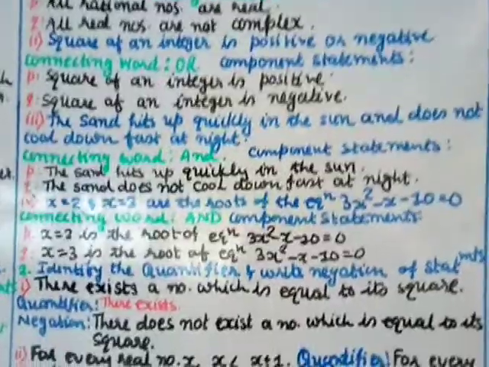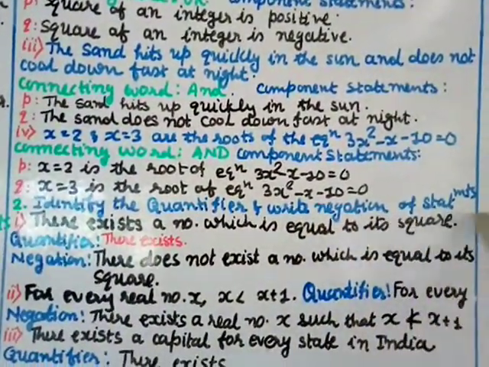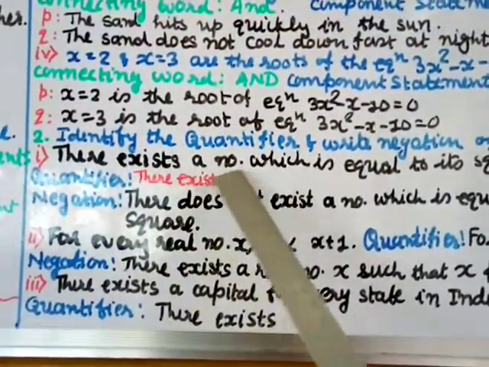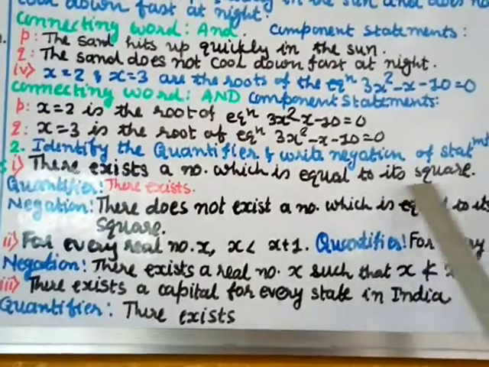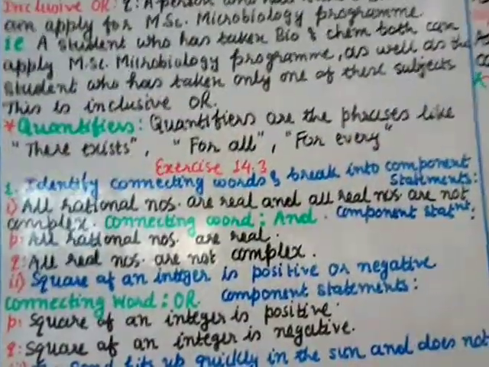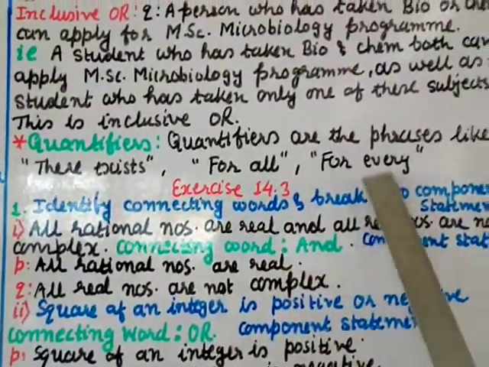Question number 2. Identify the quantifiers and write the negation of the statements. Roman number 1. There exists a number which is equal to its square. Now the quantifiers are, we have just given the numbers, there exists, for all, for every, these are the quantifiers.